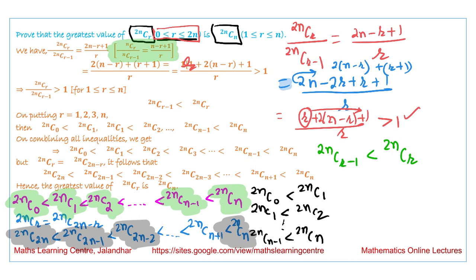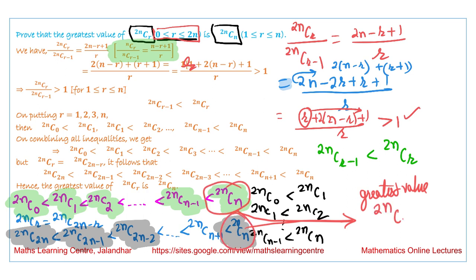By combining both these results, we obtain that the greatest value out of all these corresponds to the term 2nCn. And this is what we had to prove, that the greatest value is 2nCn, when r is equal to n.